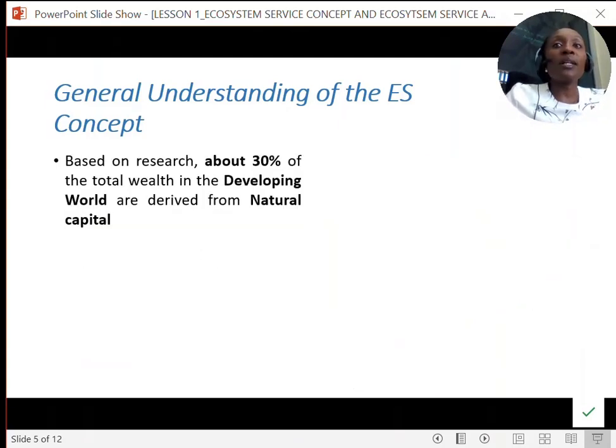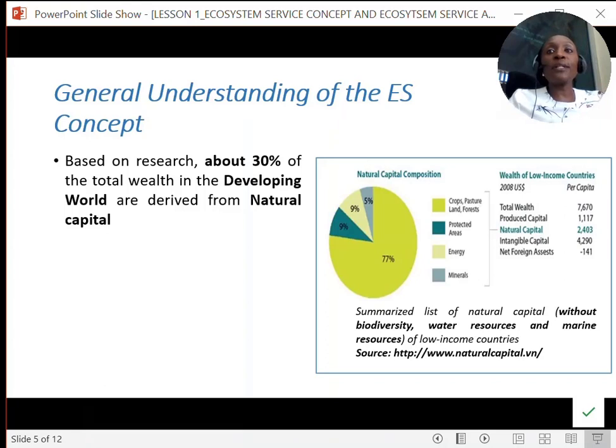This is particularly true for developing countries where, based on research, about 30% of the total wealth is derived from natural capital. You will appreciate this from the statistics on this diagram, which gives a very summarized list of natural capital of low-income countries.